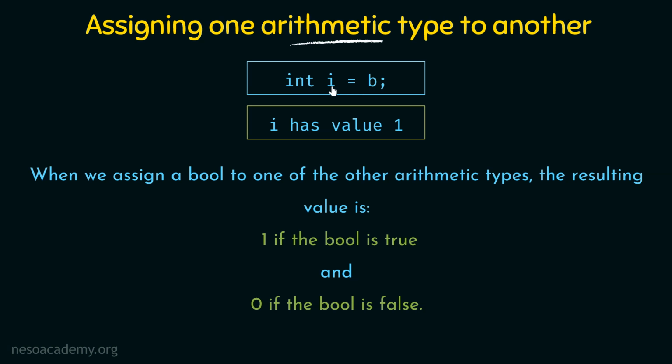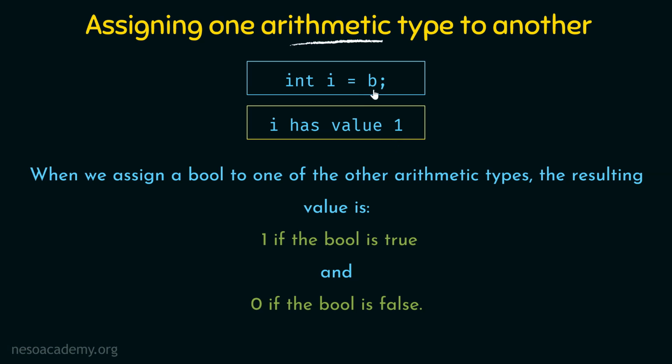In the previous example, we saw that the final value of b was true. Now if you assign that to an integer, it will give 1 if it is true. So we saw that it was true, and that is why i will have the value 1.